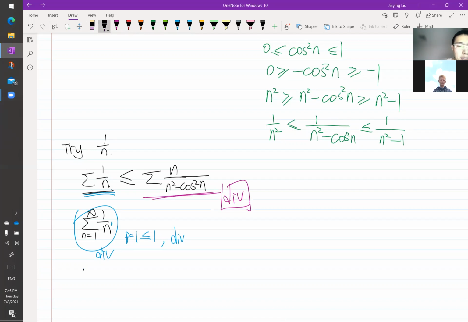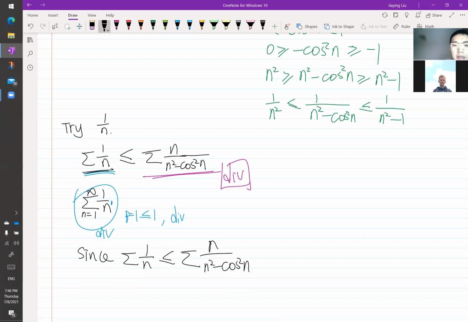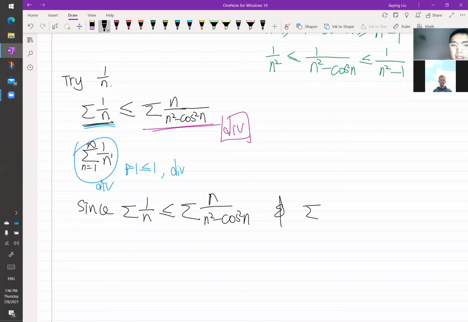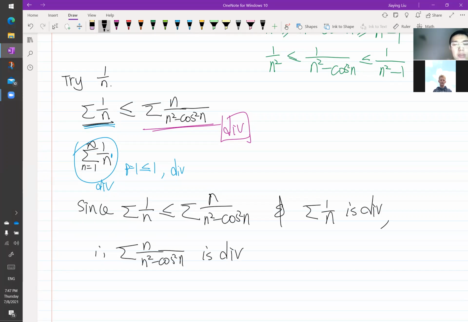So let me write it down. Since the series 1 over n is less than or equal to the series n over n squared minus cosine square n, and we found out that the smaller series is divergent, therefore the big one, n over n squared minus cosine square n, is divergent. So this is like the first part of the comparison test.